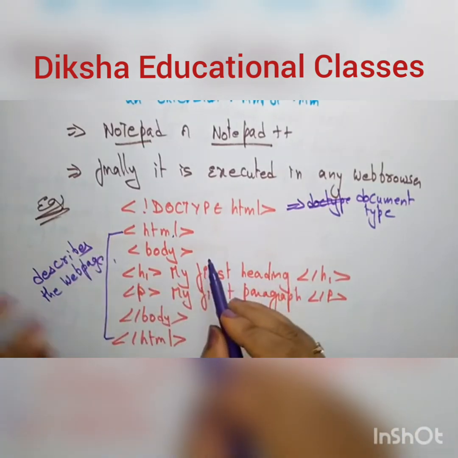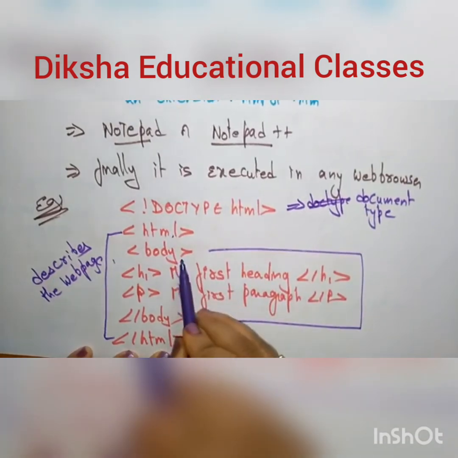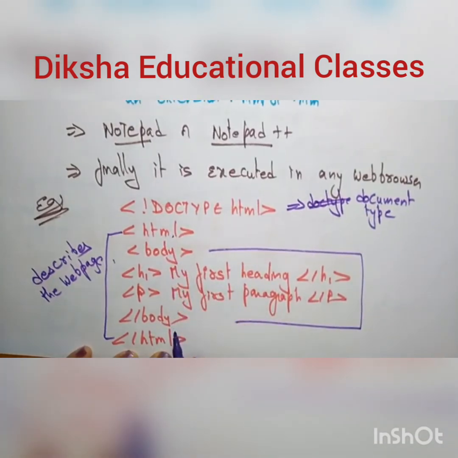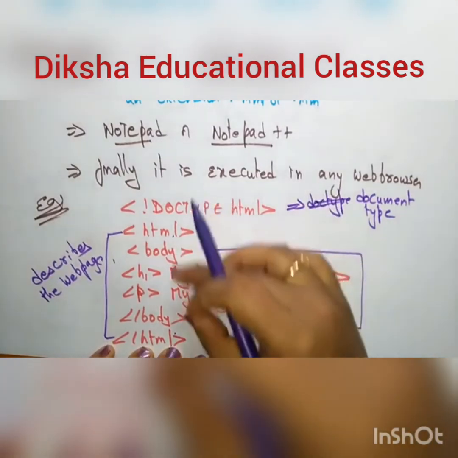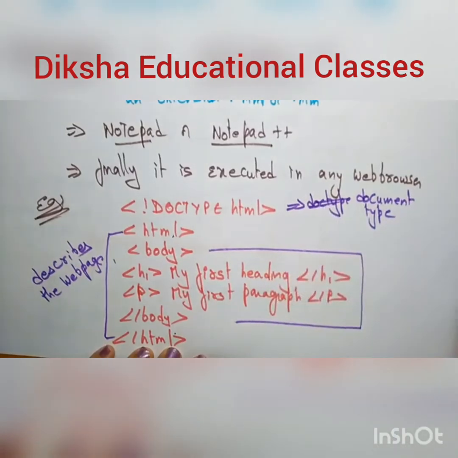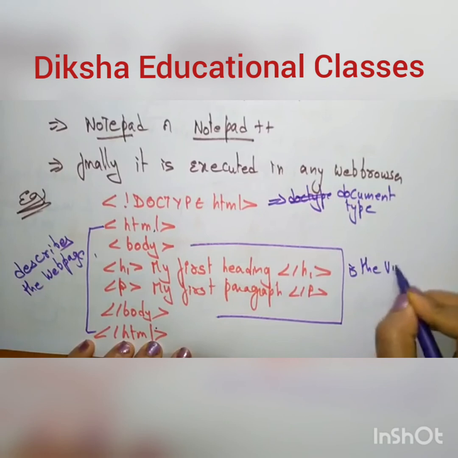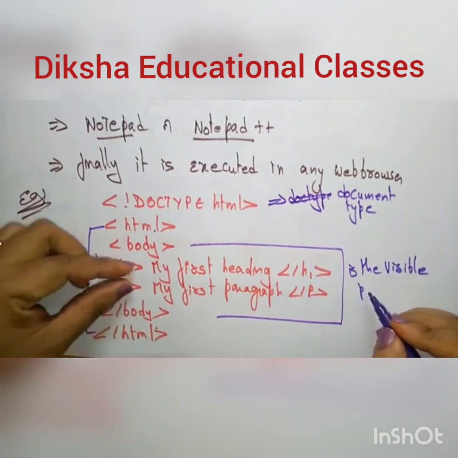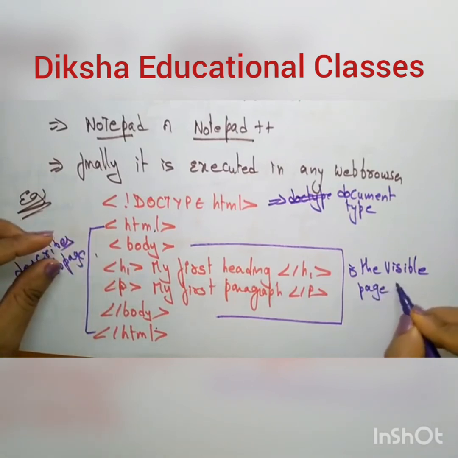Then what about this body? It consists of a starting tag and an ending tag. Whatever text is present between the body tags is the visible page content. You are able to see this information on the screen.